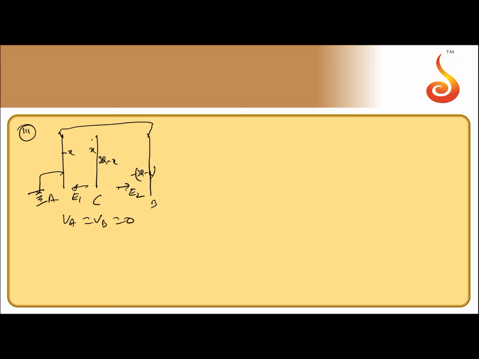VA equal to VB equal to 0. So VC minus VA, so E1D, so x is equal to 2Q.